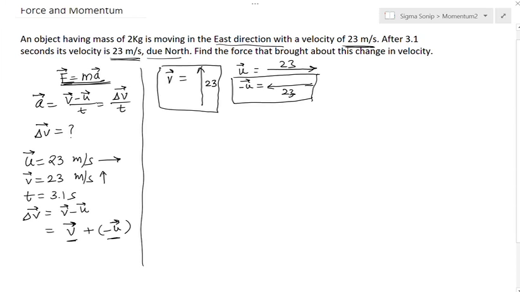Now vector addition we are all familiar with, so I will quickly do this. This is v, which I have drawn like this, and that is my minus u, and this from the starting point to the end point is my delta v.